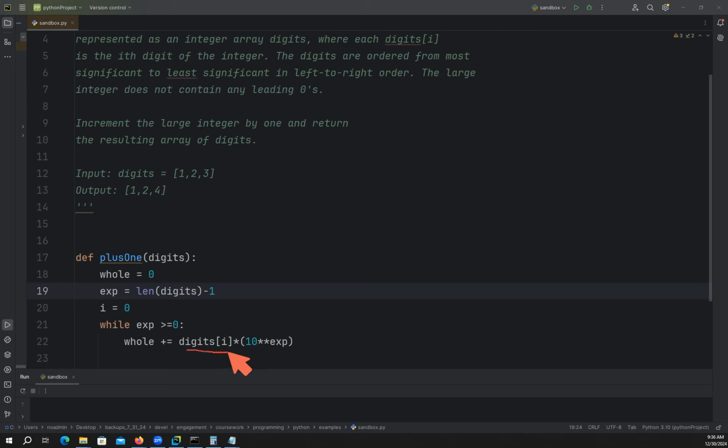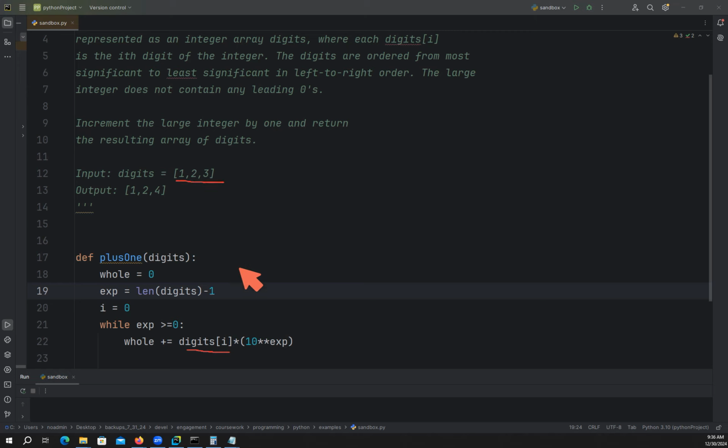Here I'm getting an element from my list of numbers. And for each element, I'm going to multiply it by a power of 10. Here it's going to be, and this is exponentiation in Python.